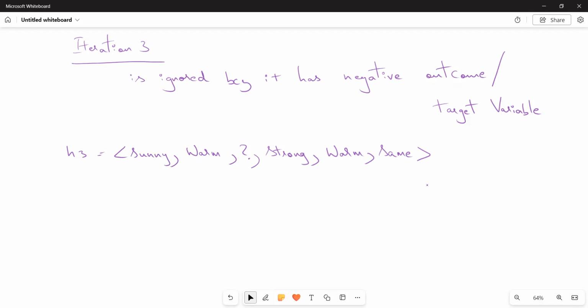Now we are going to calculate your hypothesis 4, that is, we use iteration 4, where we take your example 4.